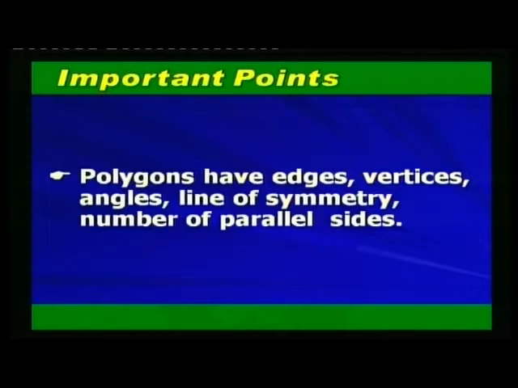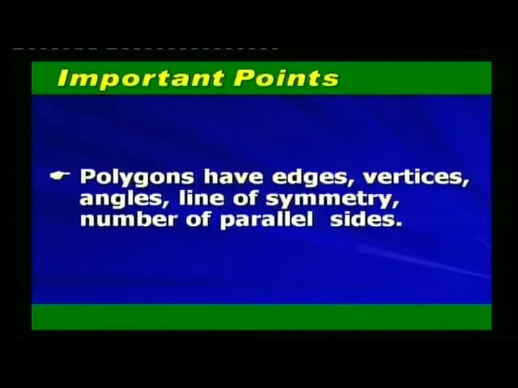Polygons have edges. I hope we can still remember from our previous lesson, we were talking about edges. Edges can also be known as sides. In a polygon also, we will come across one of the properties which is vertices, or singular, vertex.